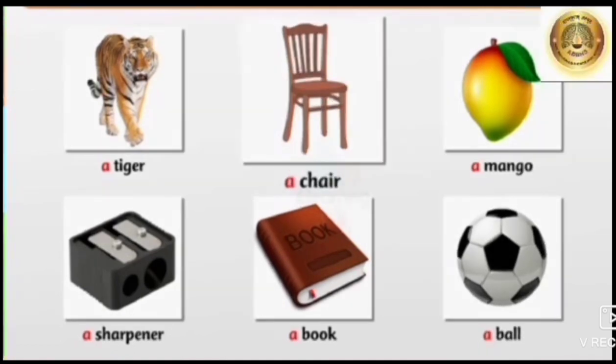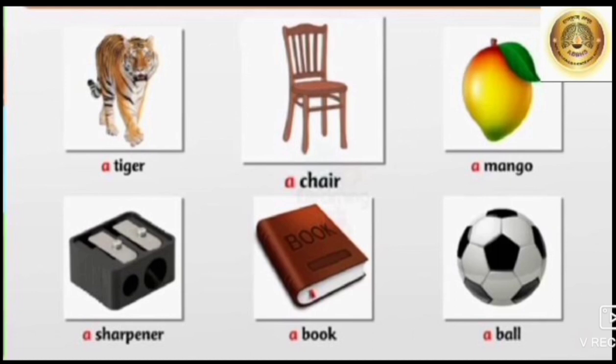Children, see, in these examples, all nouns are starting with consonant sounds. See, tiger. This noun starts with the consonant sound of T. That's why we use article a before this noun: a tiger.